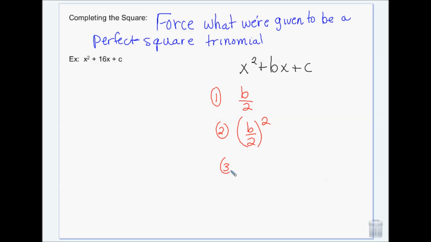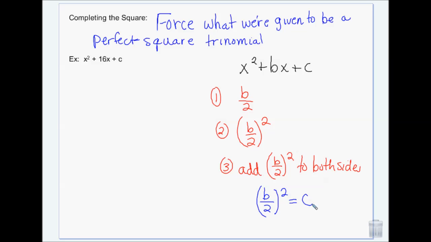And step 3 is you're going to add it to both sides. And so what that means is that B over 2 squared equals C. We're going to make B divided by 2 squared to be equal to C. Okay?